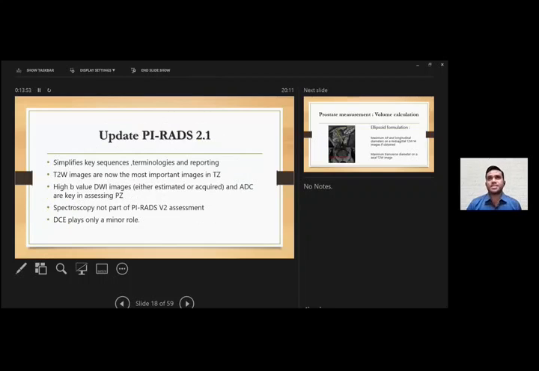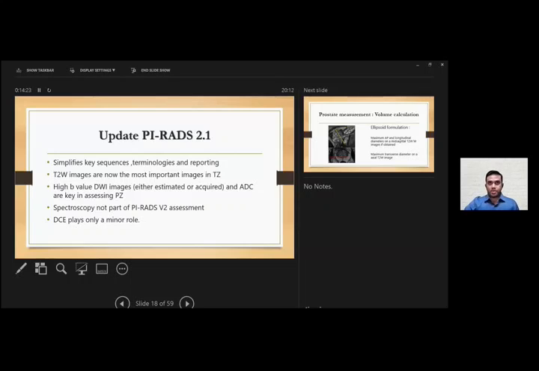Coming to the updates in PIRADS 2.1, they have tried to simplify the sequences, terminologies, and reporting. They say that T2 weighted images are the most important images while evaluating transition zones, whereas ultra high B value DWI images are required to assess the peripheral zones.